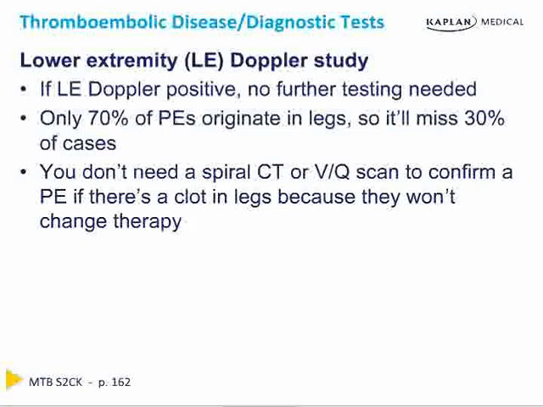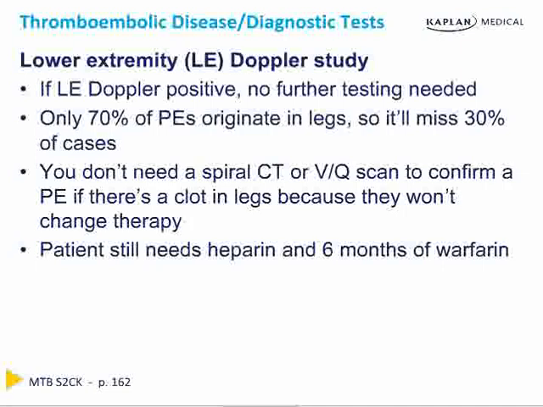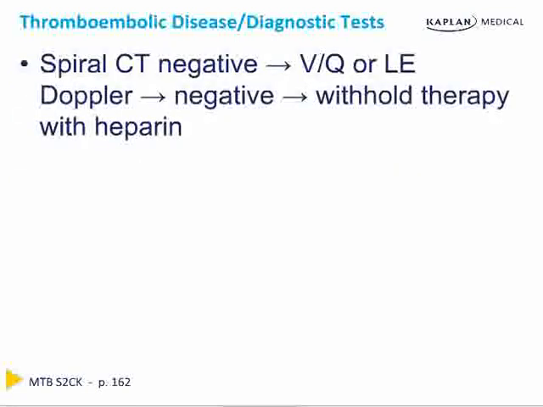You do not need a spiral CT or VQ scan to confirm a PE if there's a clot in the legs. And again, this is because it's not going to change your therapy. The patient is going to need heparin and 6 months of warfarin regardless of whether you confirm a PE in the lungs or not.